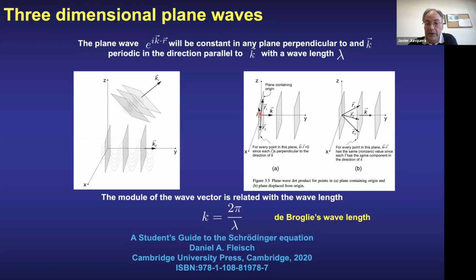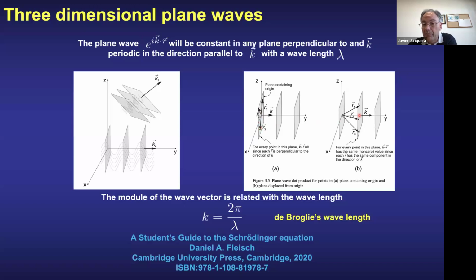Here I am plotting a very simple case. Let's take the plane wave directed along the y direction. We can see how any point contained in this plane has a constant value, because any position vector r here is perpendicular to k, and that means that the dot product between k and any r contained in the plane takes essentially the same value.